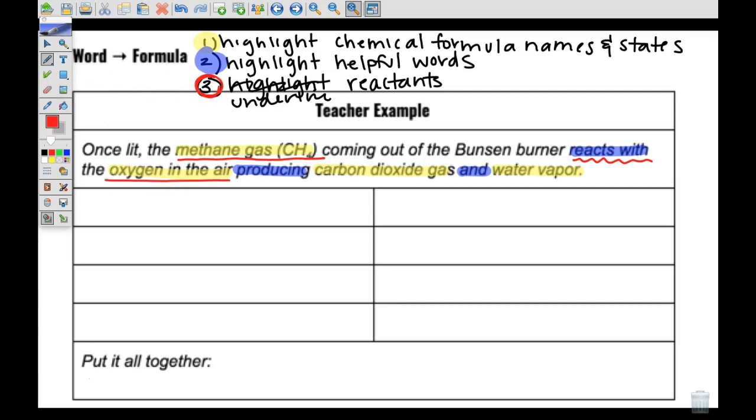And then with my pen or pencil, if I'd like to get a fourth color, I can underline my products. The helpful word producing lets me know that I'm about to talk about my products, what I'm ending with. So these are my two products.